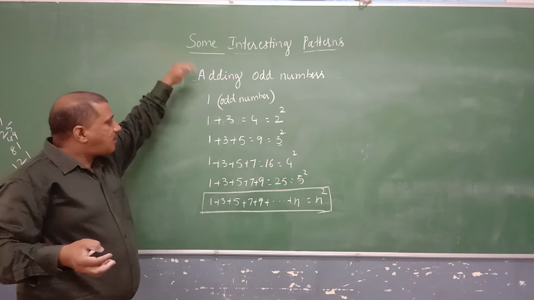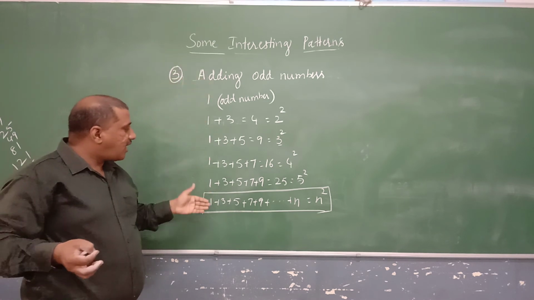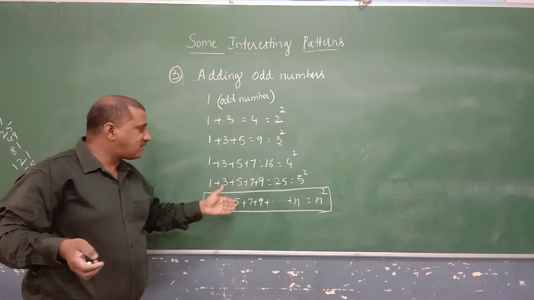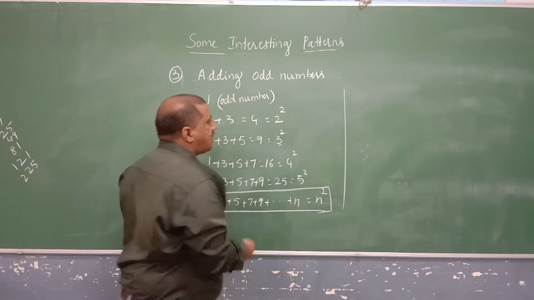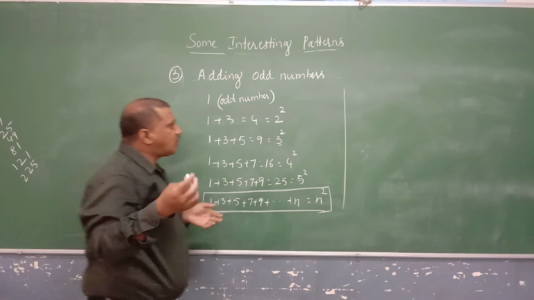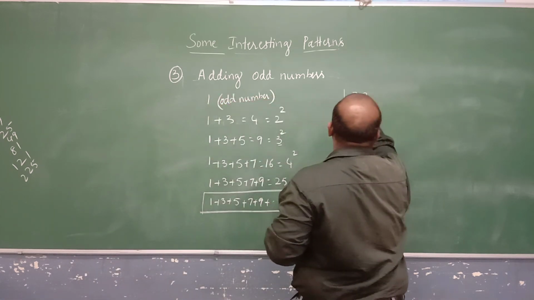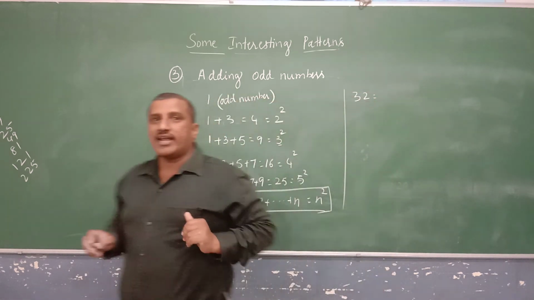Then what about other numbers which cannot be written in this form? Take any other number, for example 32. Can 32 be written as the sum of odd numbers? No, we cannot.